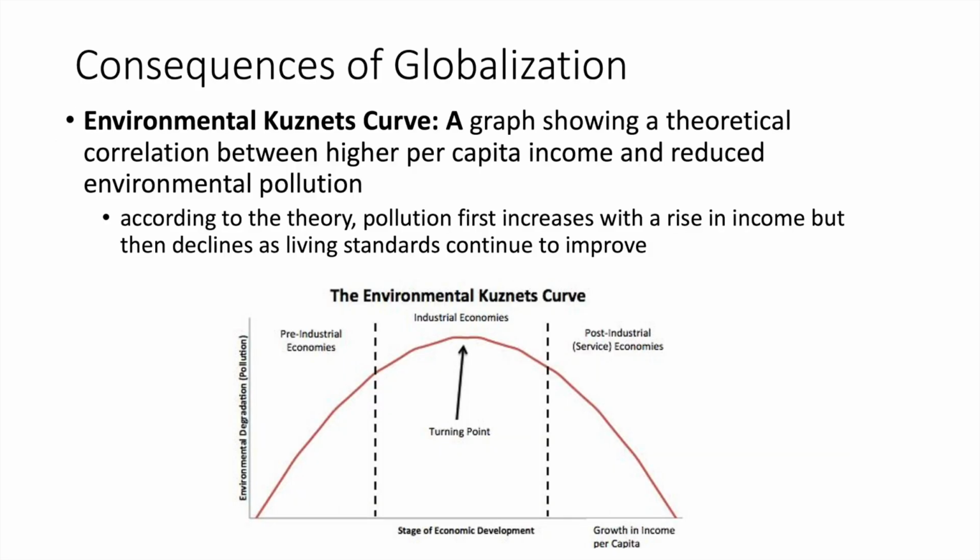So, as we know from taking this course, the study of economics is concerned with production and consumption. Production and consumption have an effect on the environment. There's a theory that as societies become richer, meaning they have a higher per capita income, they start to actually reduce the pollution that country will create.